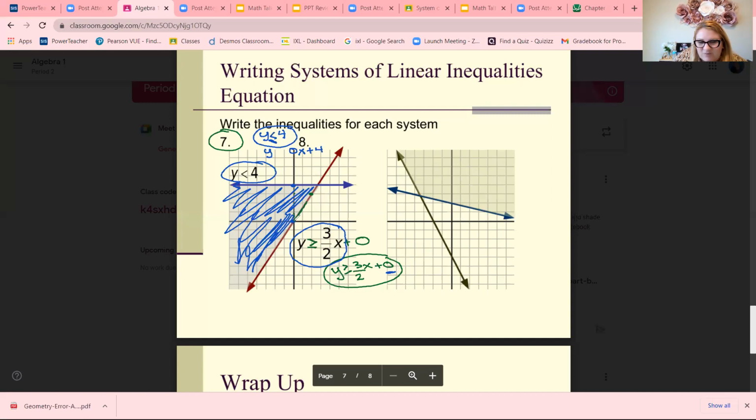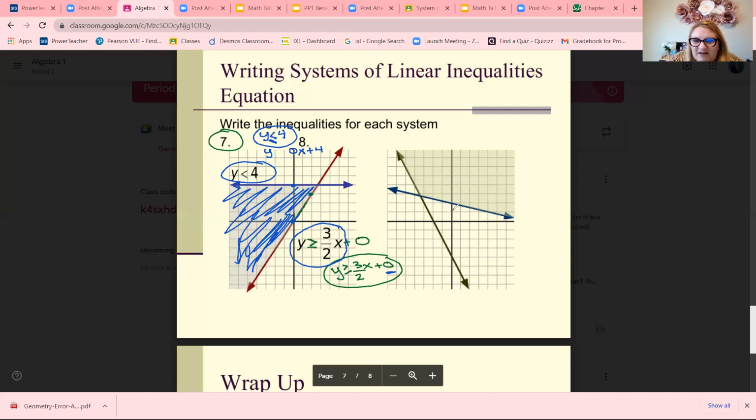I found out where it crossed the y-axis, and then I kind of moved up the line to figure out where it intersected with the grid perfectly. And then I calculated by counting how many I went up and how many I went over in order to figure out what the slope is so that I could write the equation.